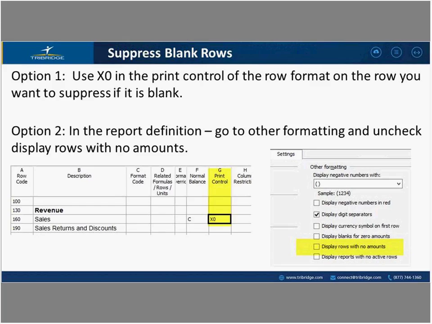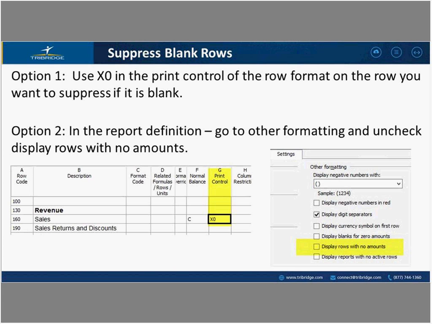If you want that to be a standard across your whole report, then I would use option 2 and apply that to the report definition itself so that every item that doesn't have an amount does not print on your report. So if it's just one or a handful, the row format option is a little bit better. Report definition is going to apply it to every single row that's in there.